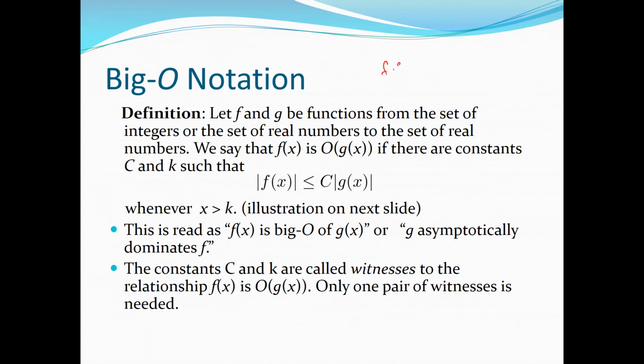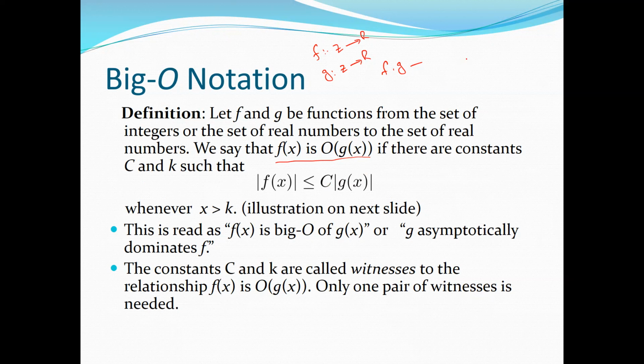Then we can say that f of x is order of g of x, or big O of g of x, if there are constants c and k such that the absolute value of f of x is always less than or equal to g of x multiplied by some constant.